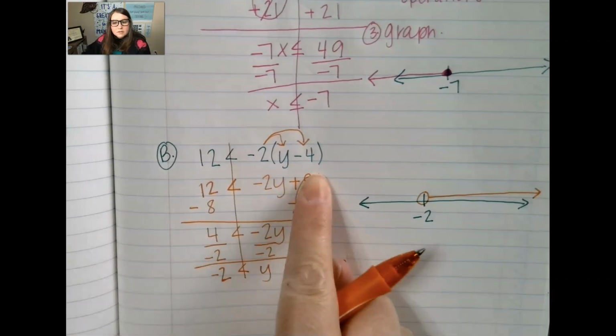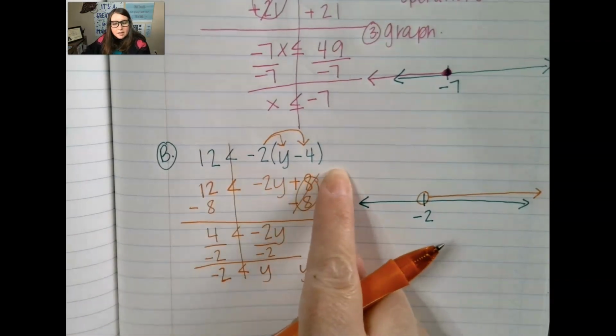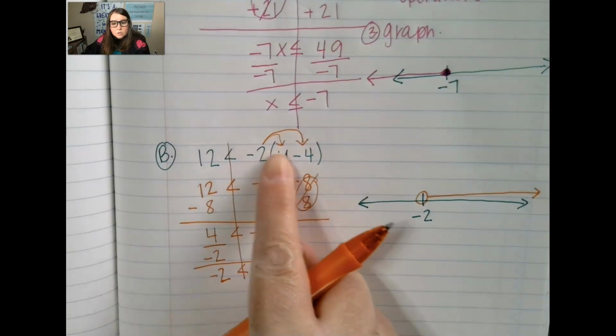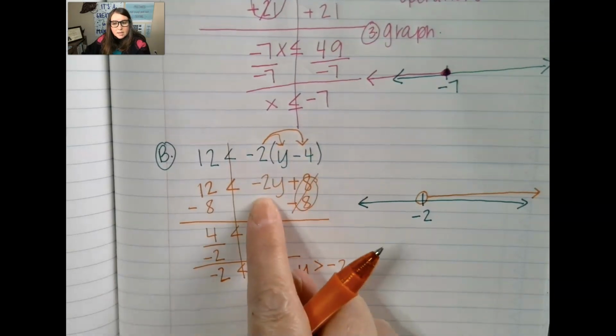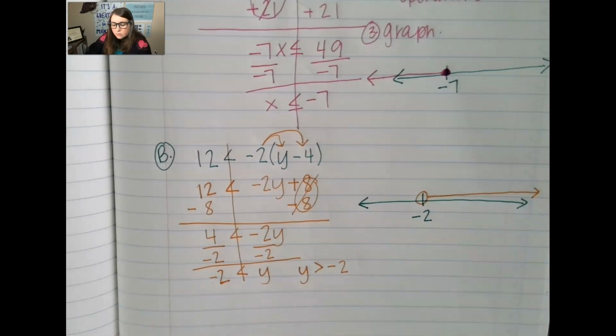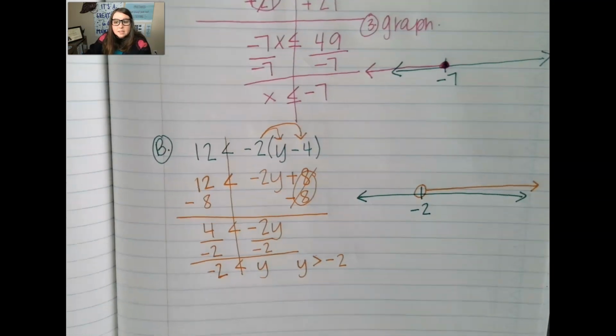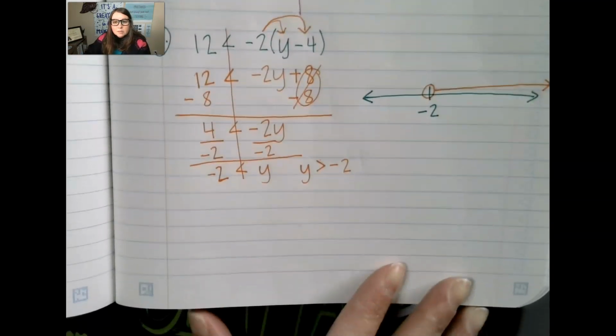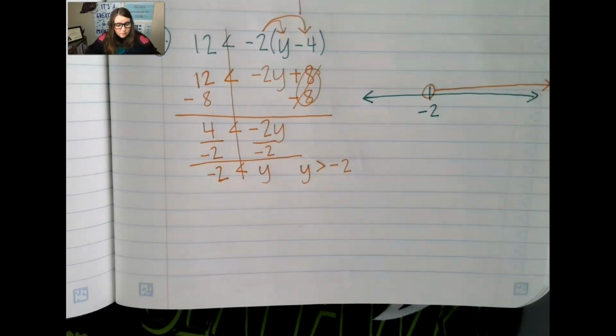So the only difference between yesterday and today is that we have to multiply first to get it simplified down to a 2-step equation. Once you're at a 2-step equation, you can do the same process that you did in the last lesson. Opposite, opposite, 2 steps, get rid of everything, isolate that variable.